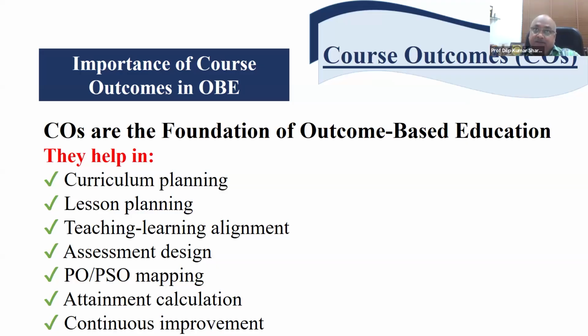Few topics will be related to some program graduate attributes, meaning the program outcomes. Few will be related to another graduate attribute, and few will be common. So: teaching learning alignment, assessment design, PO and PSO mappings, attainment calculations, continuous improvement.